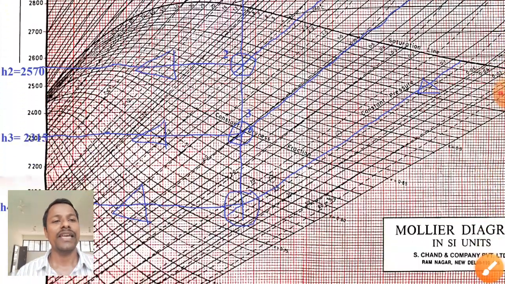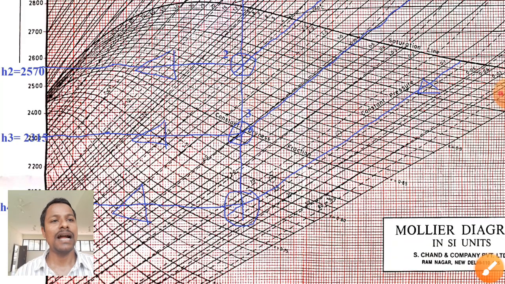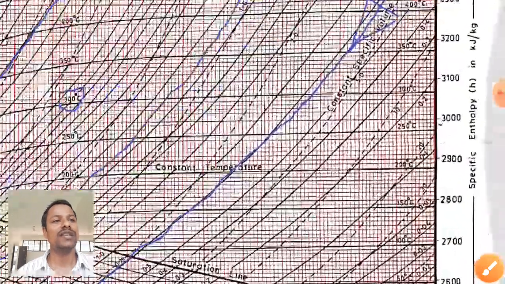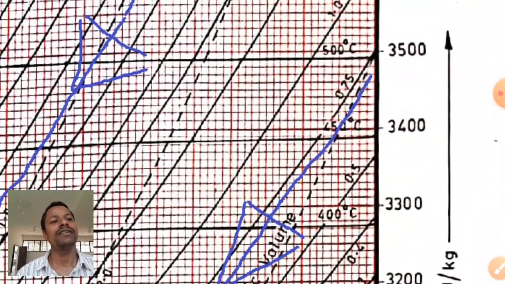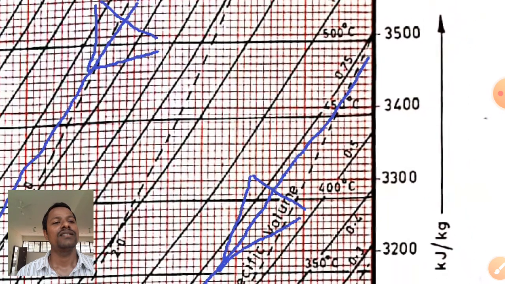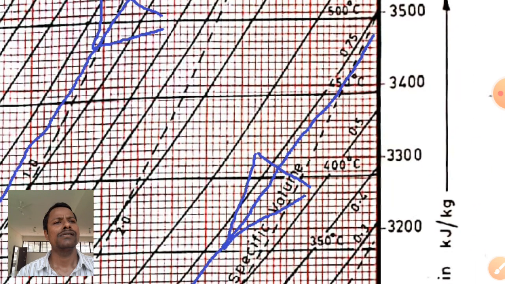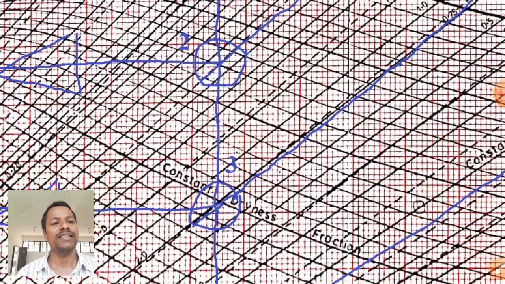Now again 2 to 3 is isentropic expansion in the stage of the turbine. Since entropy is a constant, we need to drop a perfect vertical line downward until the next extraction pressure, which here is 0.7 bar.